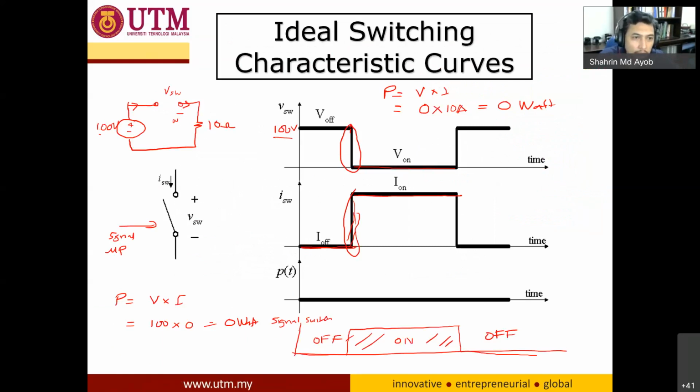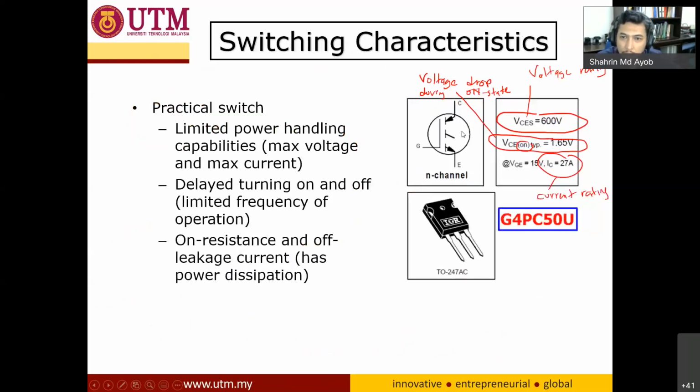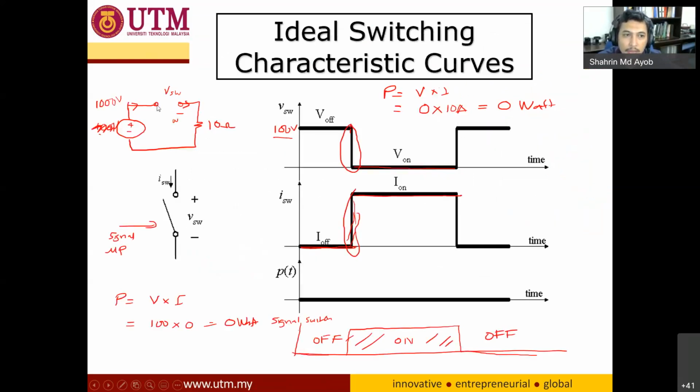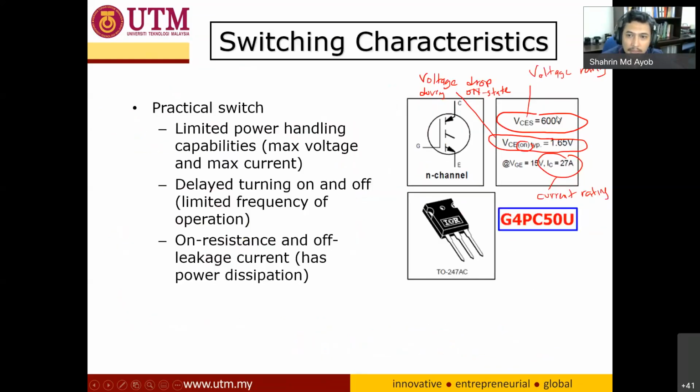But if the voltage here is 1000 volts, and you use this transistor with a rating of 600 volt, then your transistor will break down. These values refer to the voltage that the device needs to block during the off state.